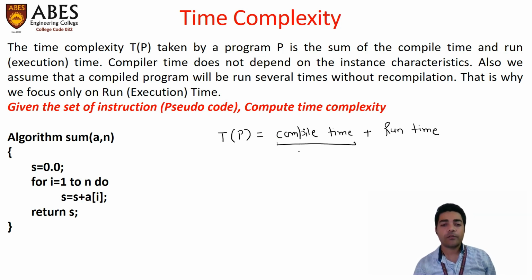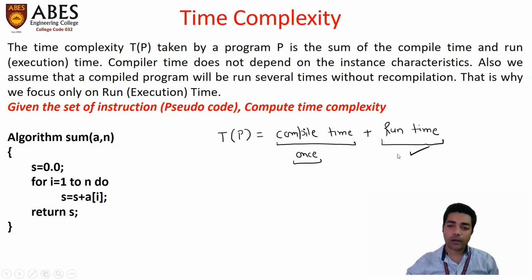Because the program is only going to compile once. After it is compiled, we can run it many times, and we need to calculate the runtime every time, or we need to know what is the maximum time a particular program may run.